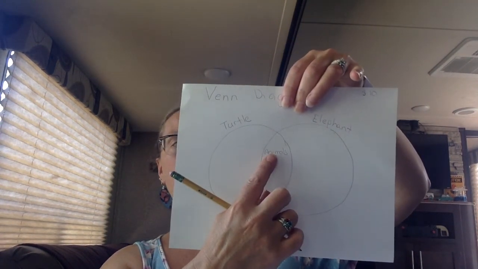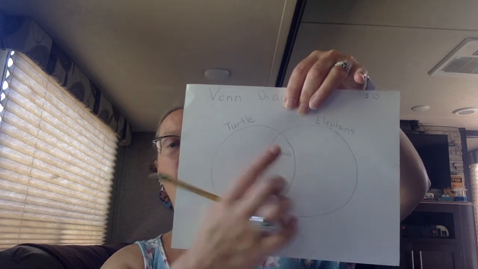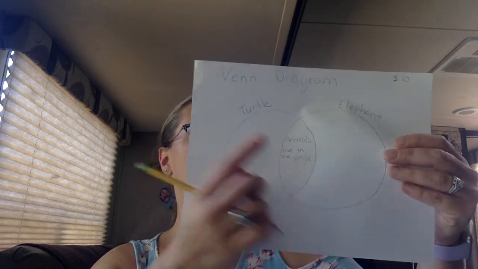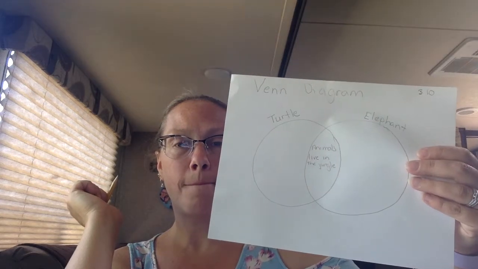If you did, that was the first word that I wrote down. They are animals. How about, did somebody else say that they live in the jungle? So I wrote that in the next spot. Live in the jungle.